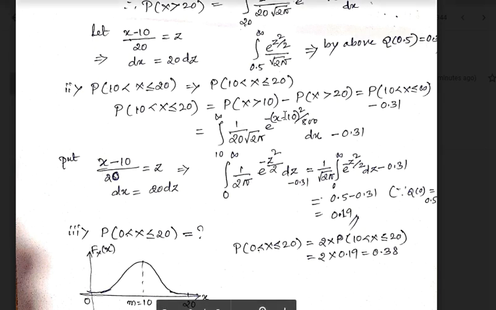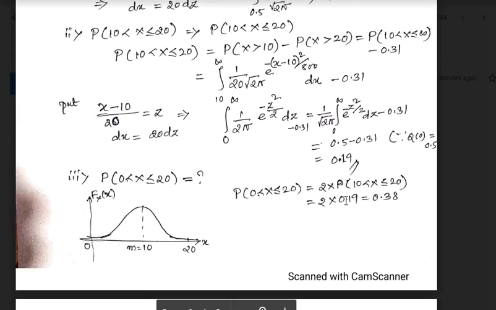Even after solving this, we get the integration from 10 to infinity. Then when we substitute (x minus 10) divided by 20 as z, this integration becomes from 0, because when we take x as 10, z becomes 0, so 0 to infinity.